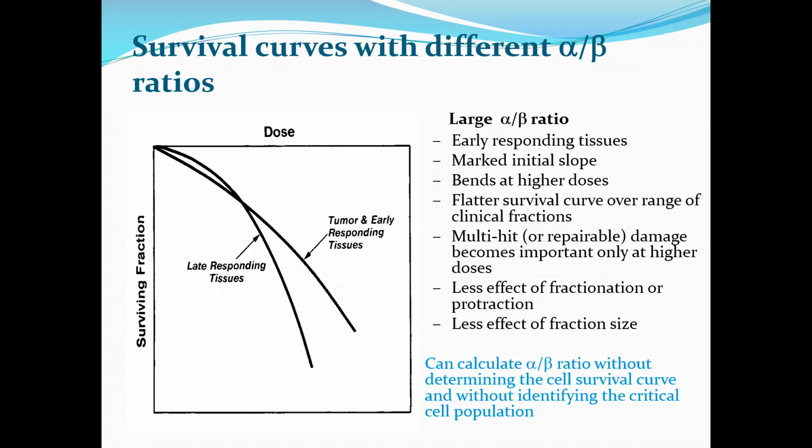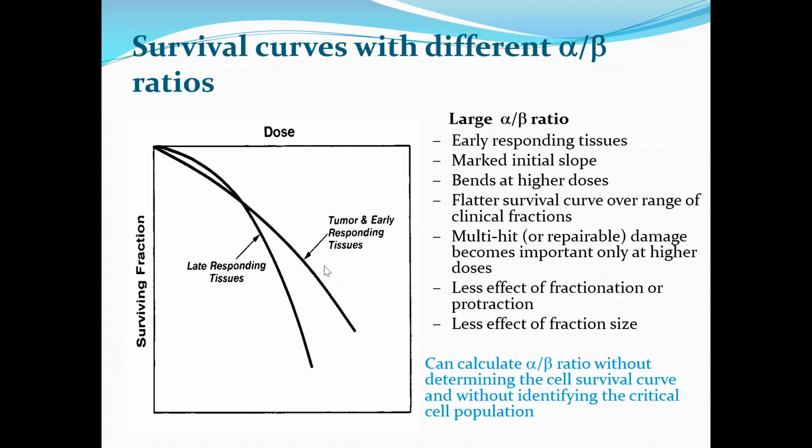Okay, but as dose increases, the cell kill starts predominating, because of accumulation of previous damages. The cell kill predominates at higher doses because it is proportional to the square of the dose.